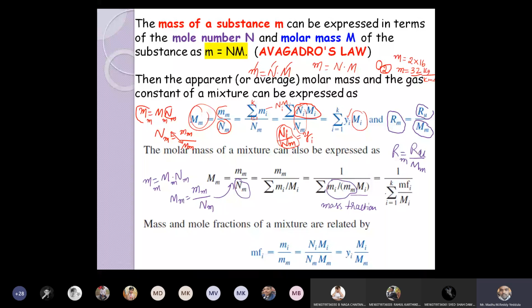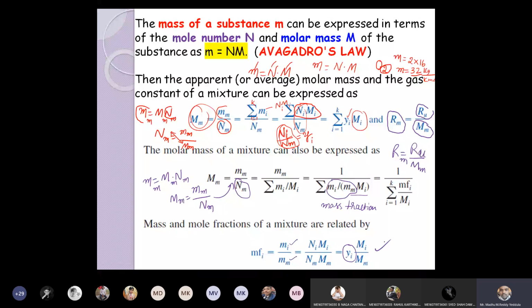This is another way of representing. MFi is the individual component to the mixture. In terms of moles, I can write Ni into Mi by Nm into Mm, and Ni by Nm is nothing but the mole fraction, into Mi by Mm. This is the other way of representing. Which formula you need to use all depends upon the data given in the problem.